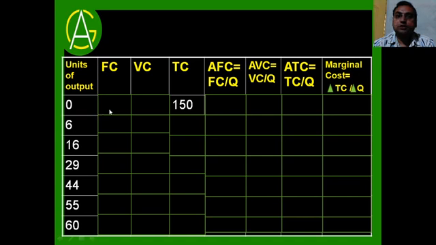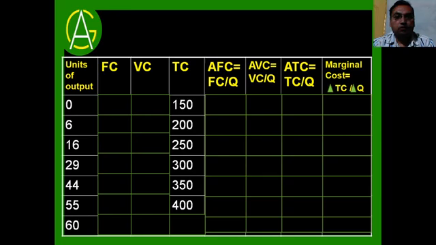So at 0 unit of output total cost is 150, so the fixed cost is 150. Let us go ahead. Total cost is again given 200, then at 16 unit it is 250, then 300, then 350, then 400 and 450.